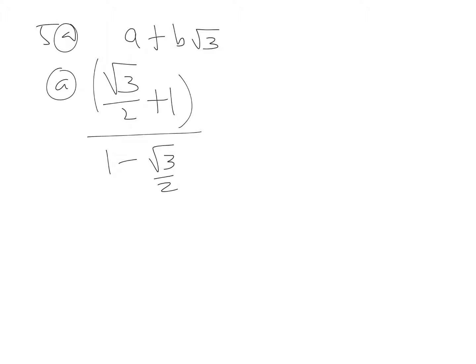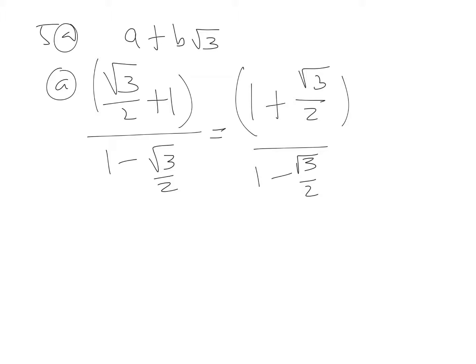So let's rearrange this slightly so that the value with the radical is on the right and the constant is on the left. So that's the same thing as saying 1 plus root 3 over 2 divided by 1 minus the square root of 3 over 2, just to make it look consistent.